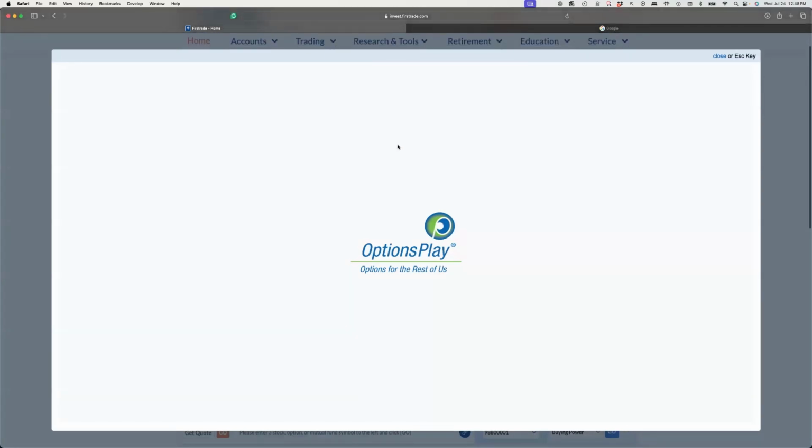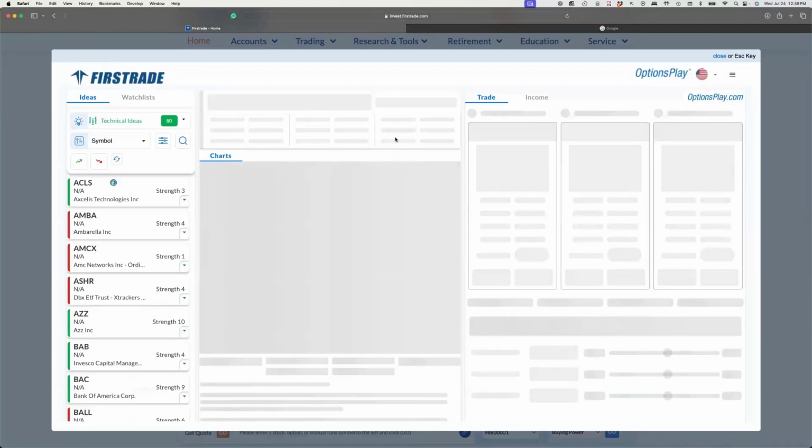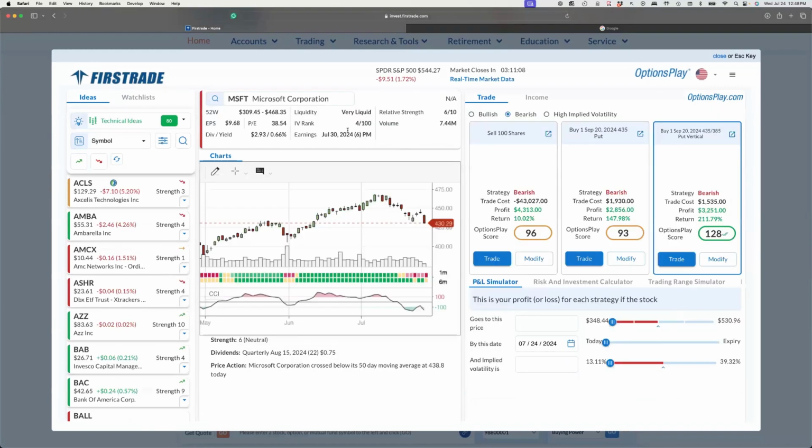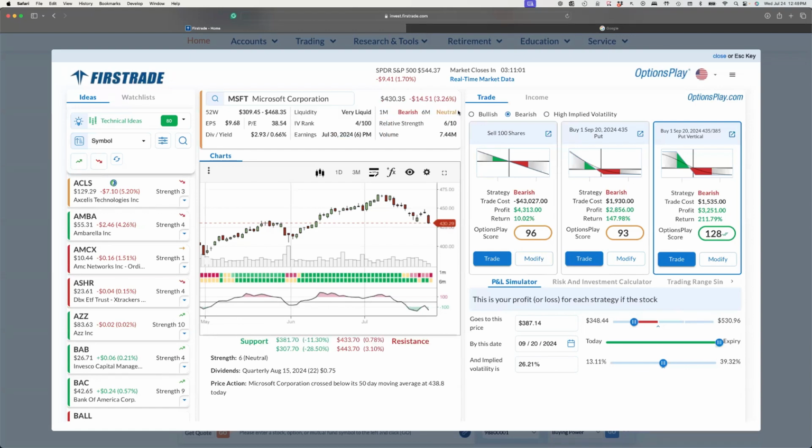For example, when you pull up Pinterest or any specific symbol, you have the liquidity up here, the IV rank, the relative strength, and the 6 month trend. They're all on your screen. So ChatGPT is actually pulling the information from your screen and interpreting it for you.